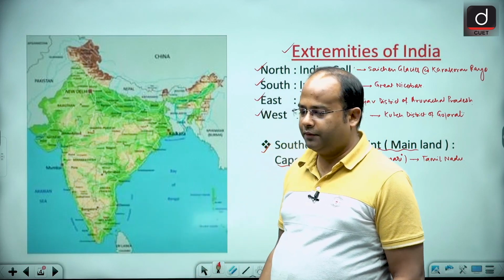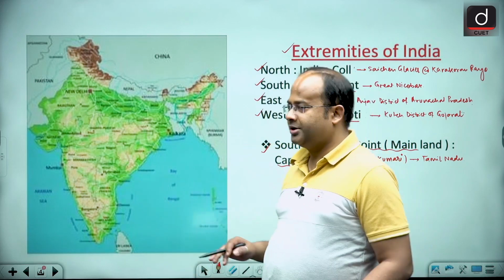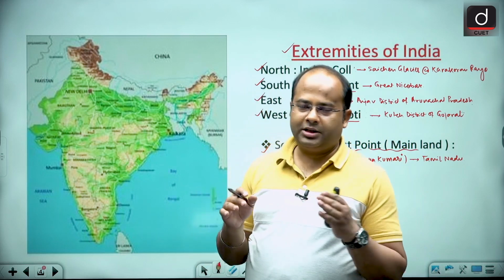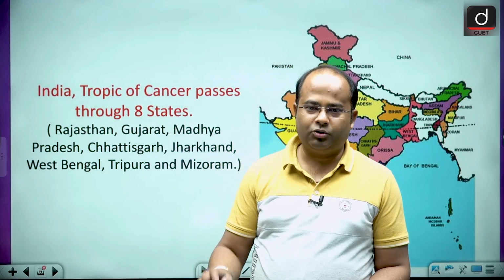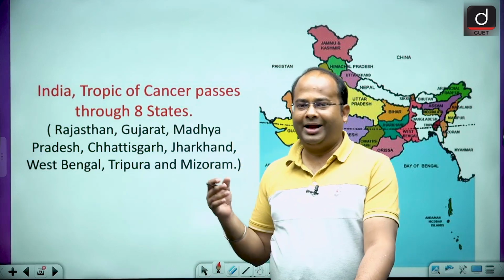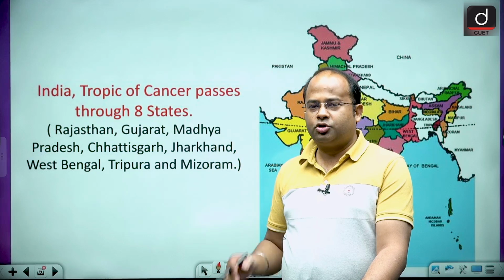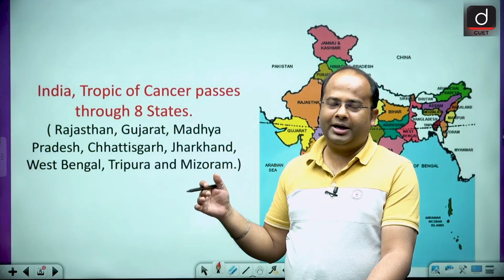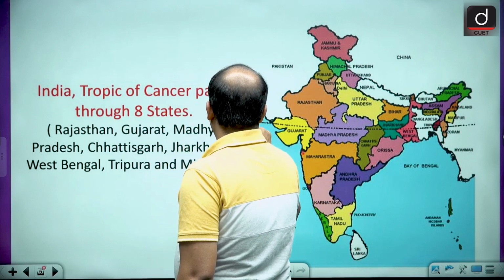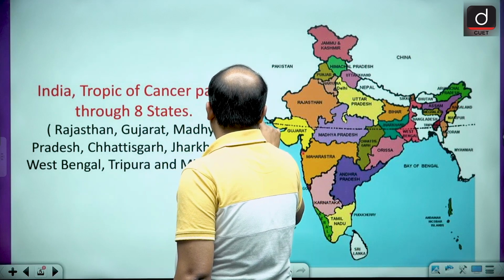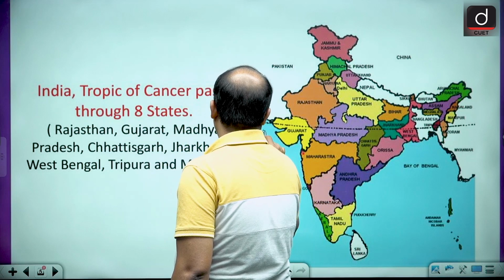Is that clear to all of you guys? So this is about the extremities of India, which are the extreme points of India. Now guys, let's discuss the next thing, that is the line that passes through India. It is the Tropic of Cancer, and it divides India into almost two equal parts.